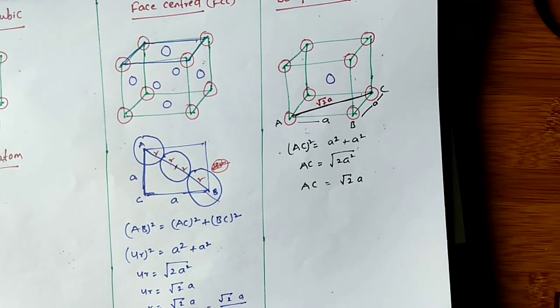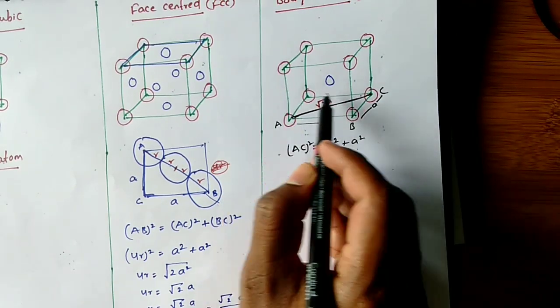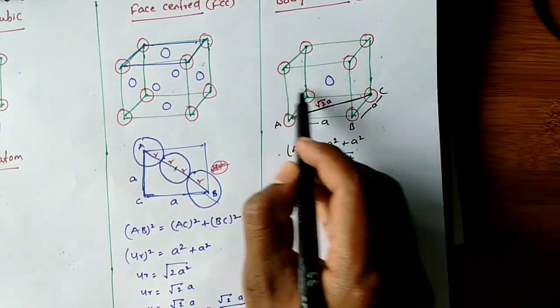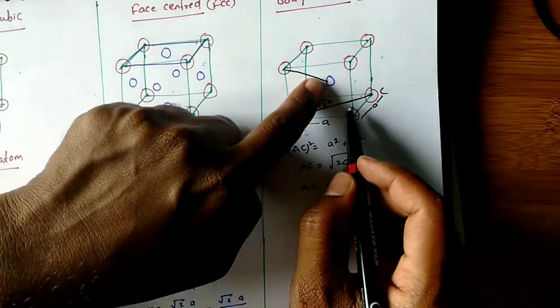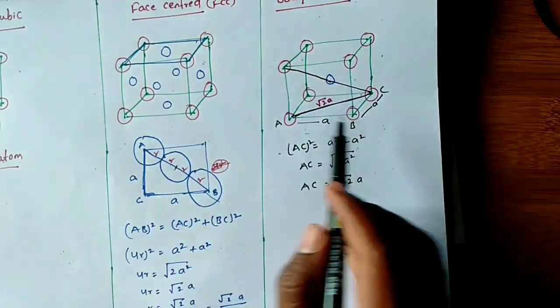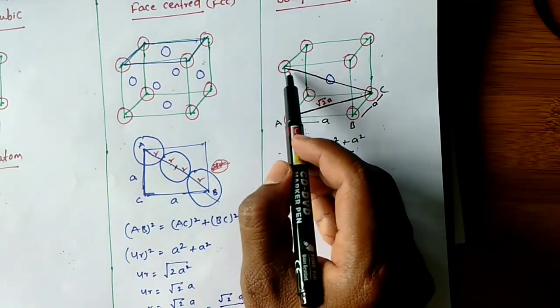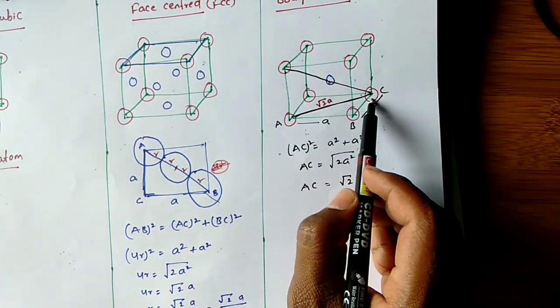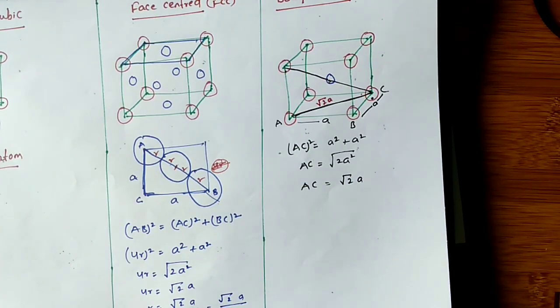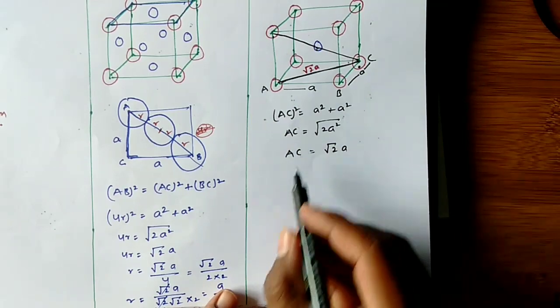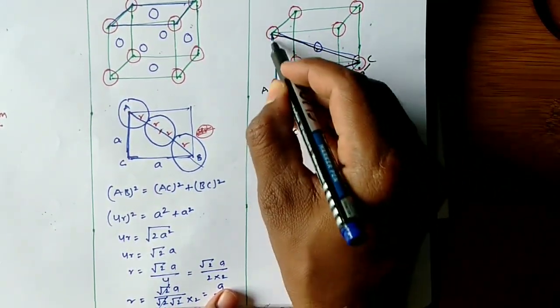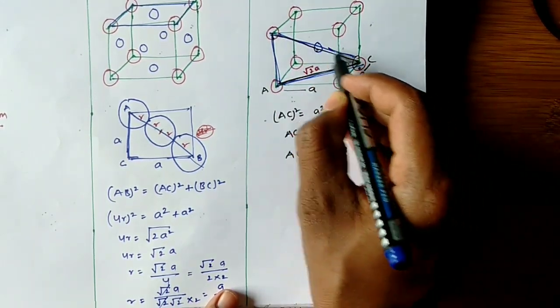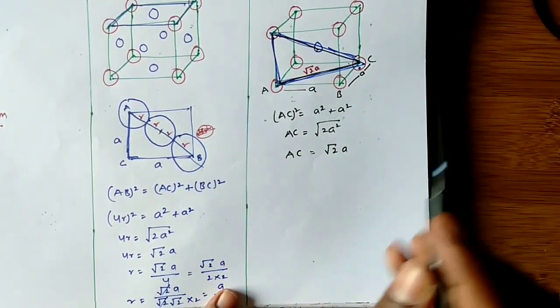Clear? Now let's consider the length between this corner to this corner. Here to here, actually there is an atom, it is joining the atom. So in this path, one atom, two atoms and three atoms are there. So I'll just draw here for better understanding. This blue shaded portion I'm taking.